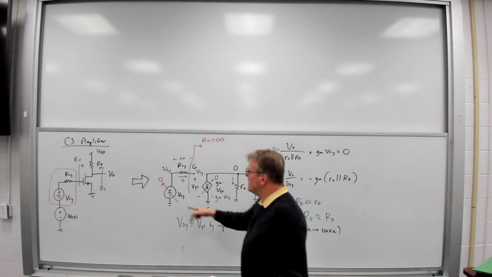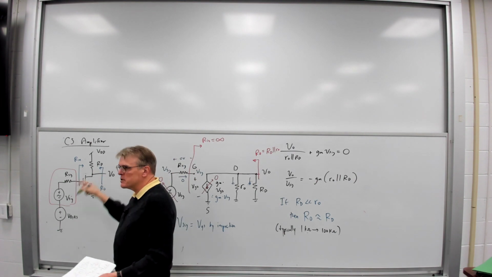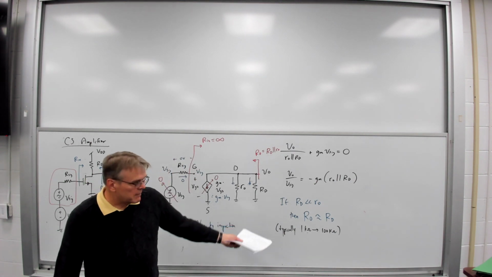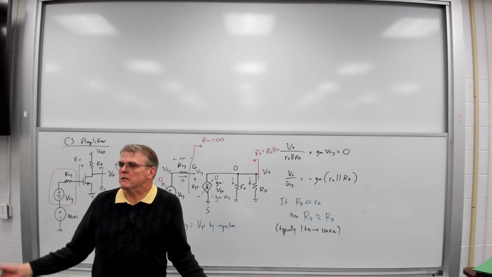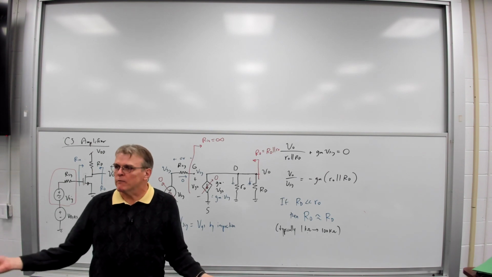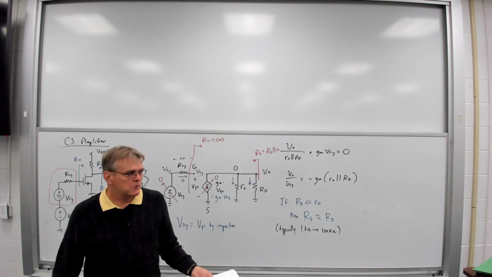If it's dominated by the drain resistor R sub D, it's typically going to be like a kilo ohm to 100 kilo ohms, something in that range. It's kind of typical values you see for most MOSFET amplifiers.